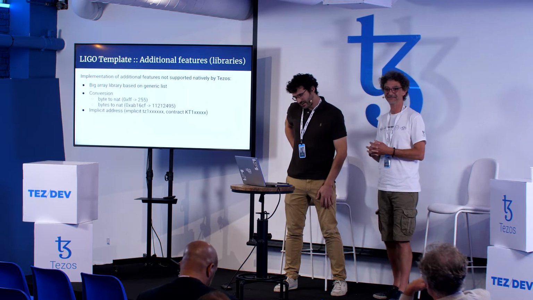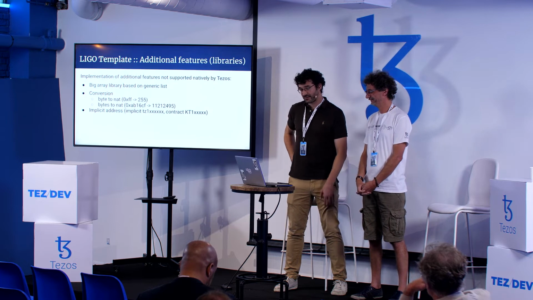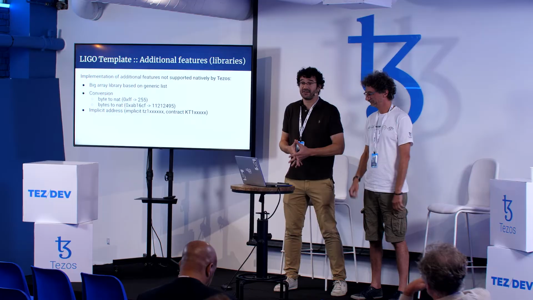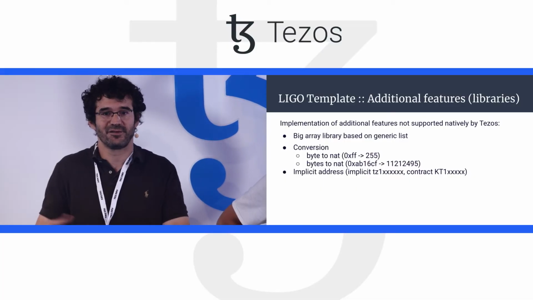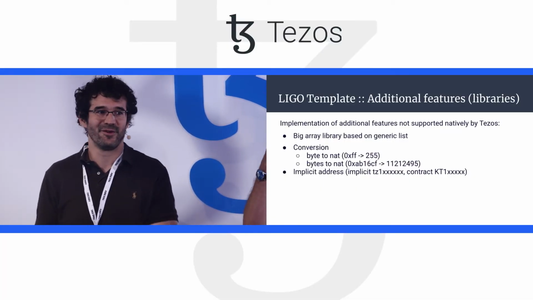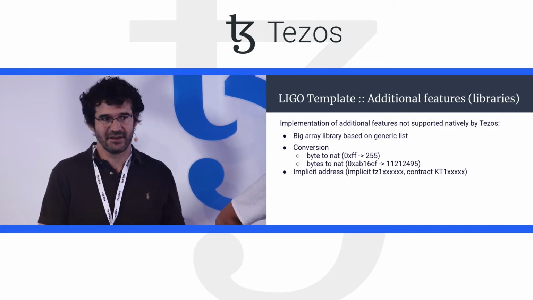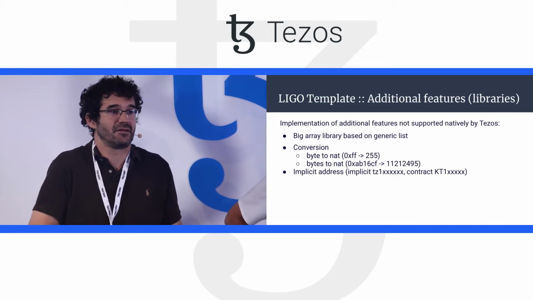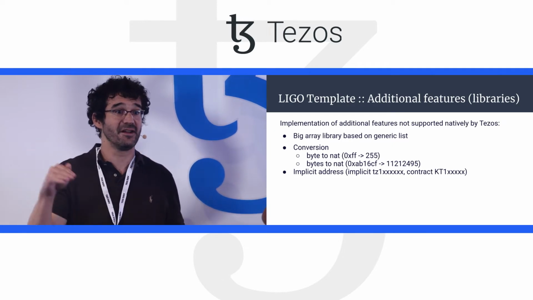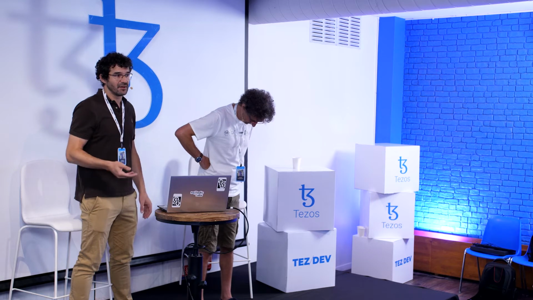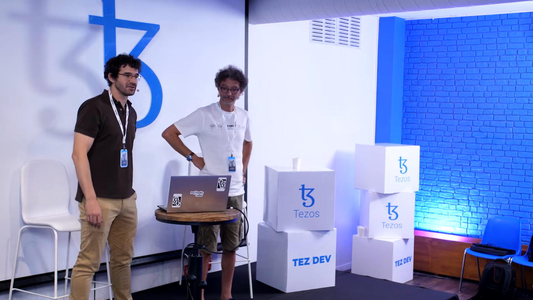Other features that we introduce, conversions. So maybe you've seen that in LIGO it's not possible to convert a byte to a number. So we provide those kinds of features. These kinds of features are not natively implemented in LIGO, but we can implement a layer over LIGO as a library, LIGO libraries, that will provide those kinds of functions that can be really helpful for developers.